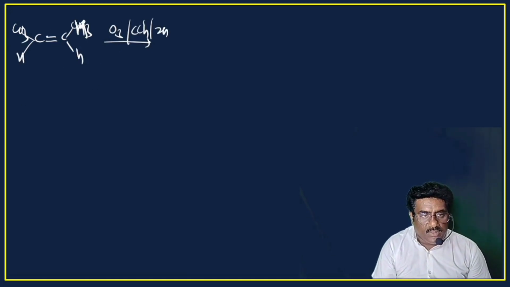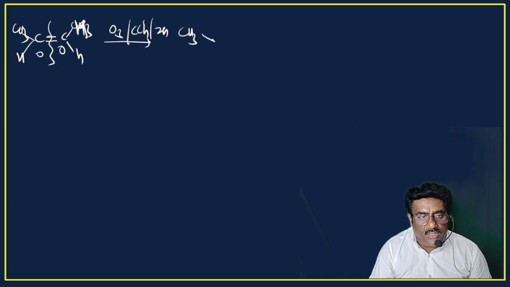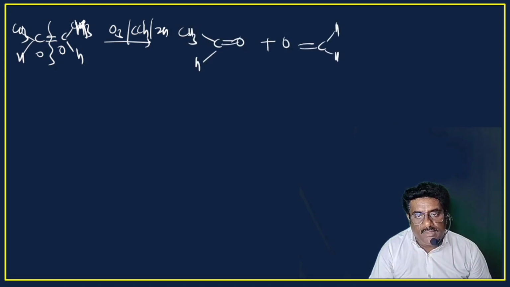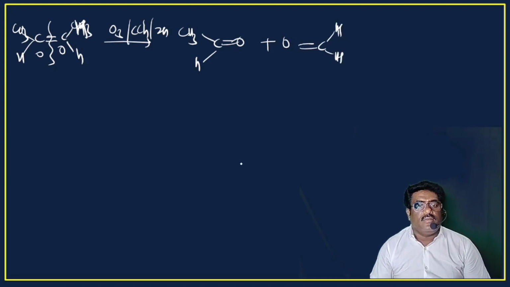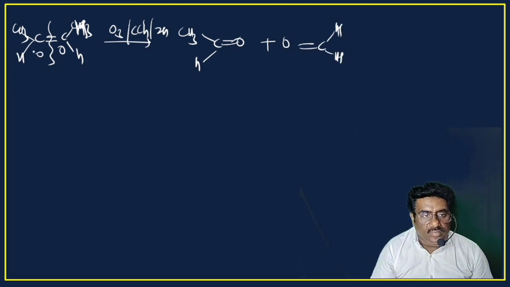Very simple: breaking of the pi bond, keeping of oxygen. It is a shortcut to write the product. It forms CH3-CHO plus HCHO. This is the product of the above alkene system.